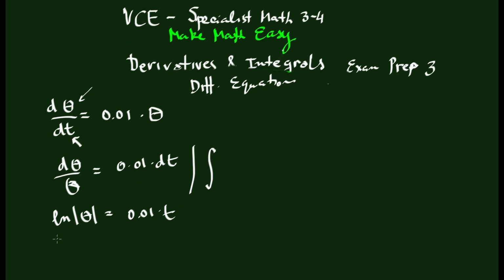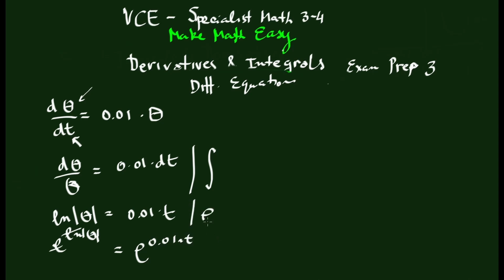And our intention is to get just q in relation to t. So how are you going to lose that? What's the contra function of ln? The opposite function is e to the power of something. So if I put e to the power of ln of q, then that will null each other. And e to the power of 0.01 times t.